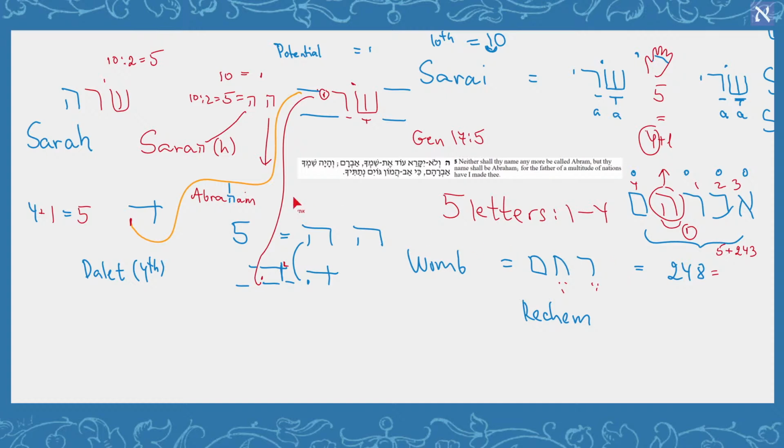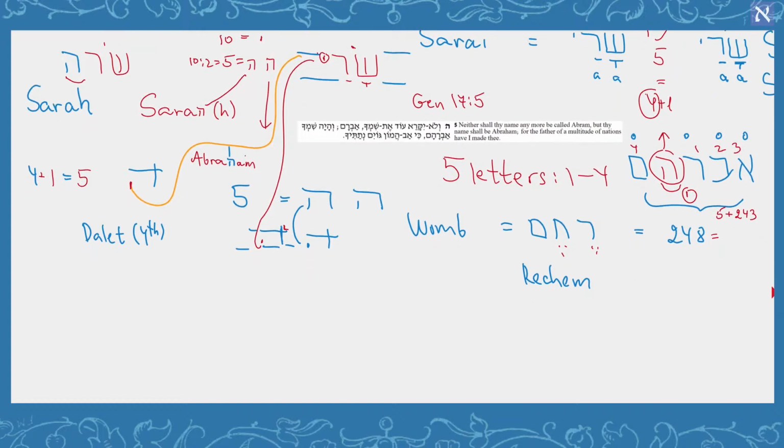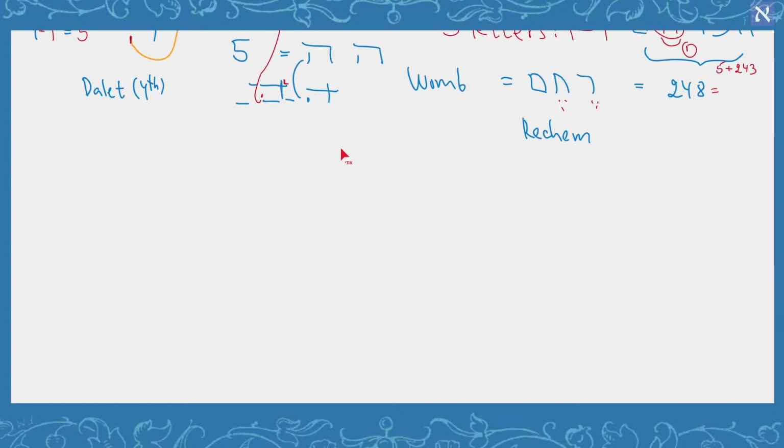Now, Abraham has the potential in the mind to be a womb, and Sarah has it too. We have the factor and the vessel, as we say in Latin. So Abraham has the ability of the mind, and Sarah has the vessel here.